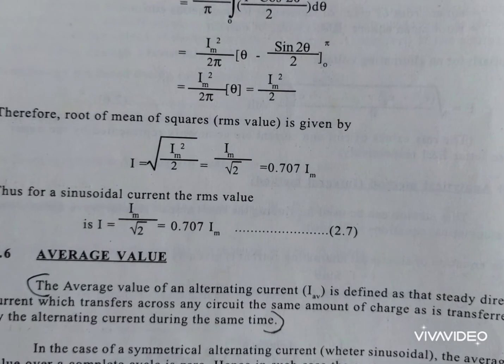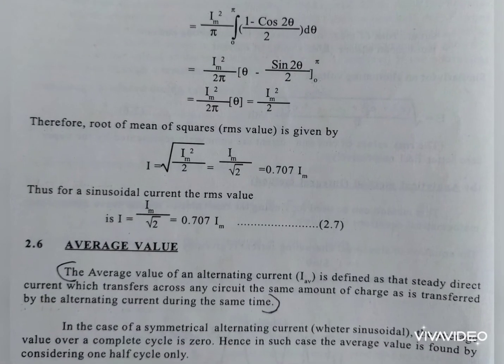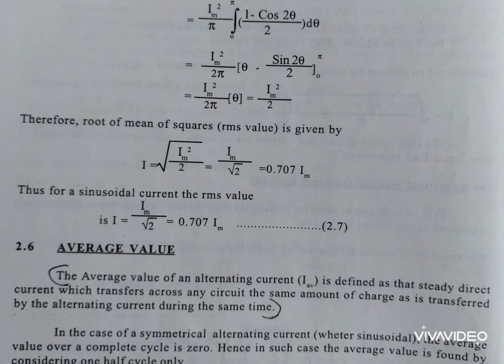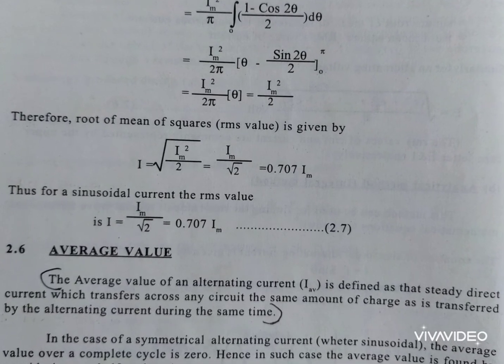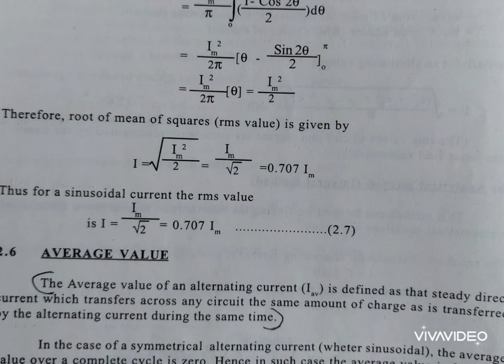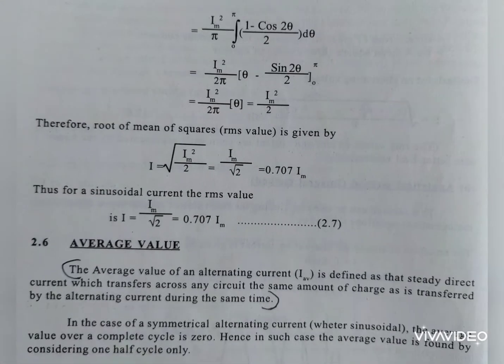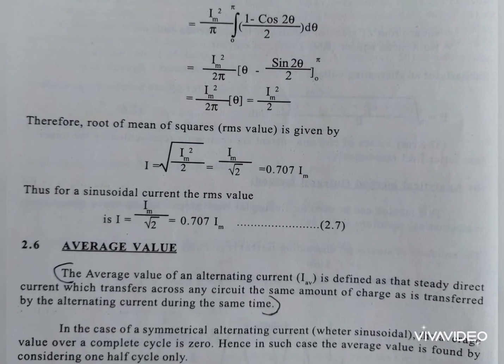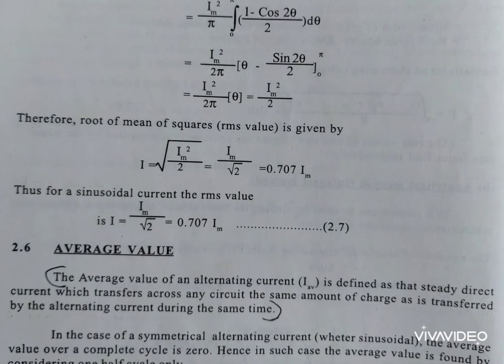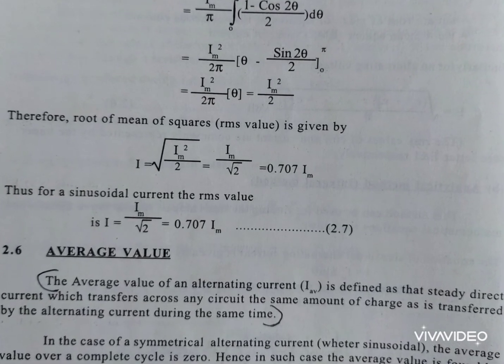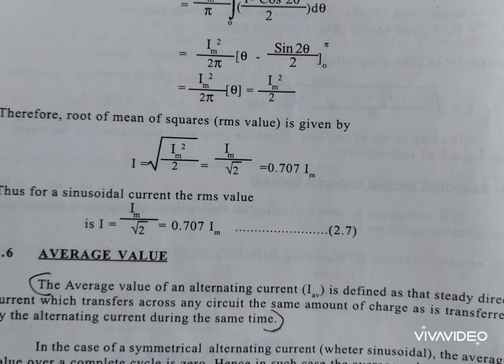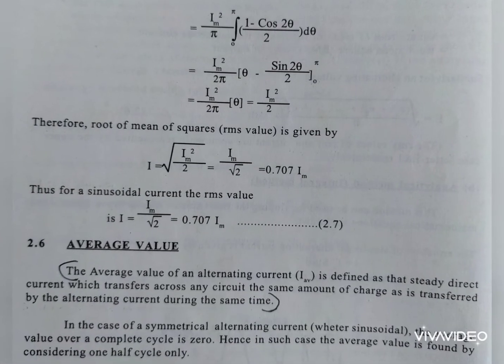Then the root of the mean of the squares is the RMS value. Taking the root, I is equal to Im divided by root 2, and the value is 0.707 Im. So for a sinusoidal current, the RMS value is I equals Im divided by root 2, equal to 0.707 Im.